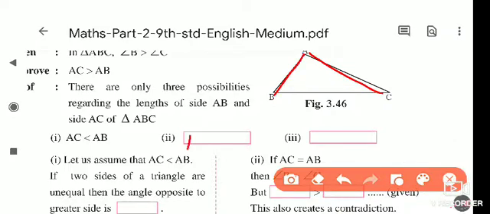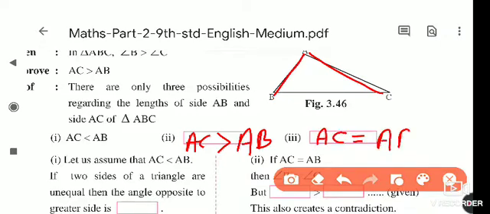The second possibility is that AC is smaller than AB, already written here. And the third possibility is that both are equal, AC is equal to AB. So these possibilities are there.